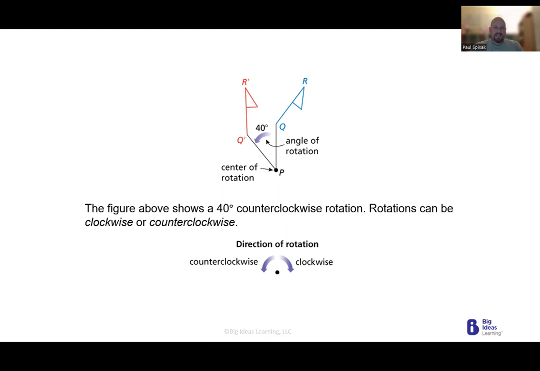If you say we're doing a rotation of 40 degrees and you don't say what direction, then that's going to be counterclockwise. If you say a rotation of negative 40 degrees, then that's going to be automatically clockwise. So again, a little bit confusing there, but counterclockwise is our positive rotation unless it gives us the direction.